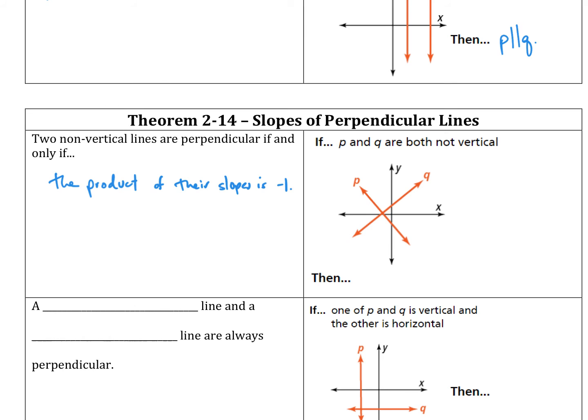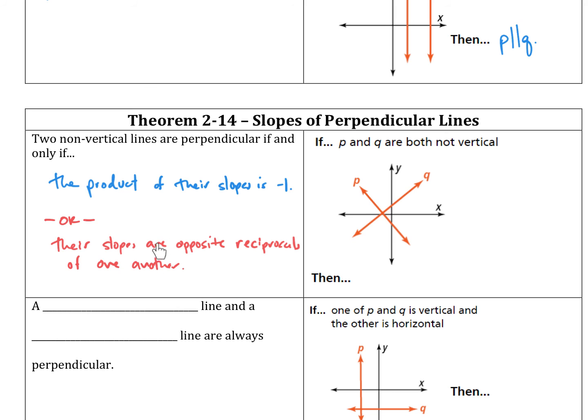Another way of saying that is two non-vertical lines are perpendicular if and only if their slopes are opposite reciprocals of one another. Either way is a fine way of thinking about the relationship between the slopes of perpendicular lines. We can either say they multiply together to get -1, or their slopes are opposite reciprocals of one another.